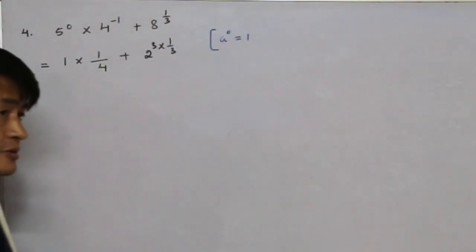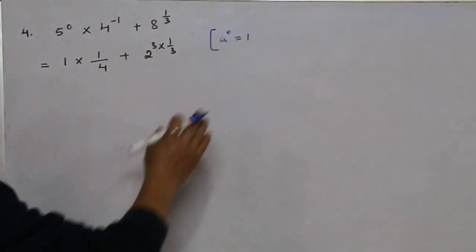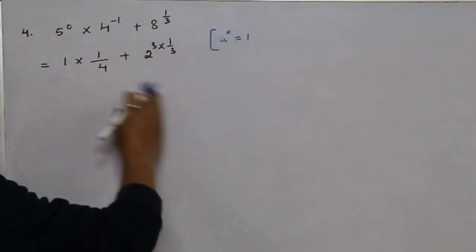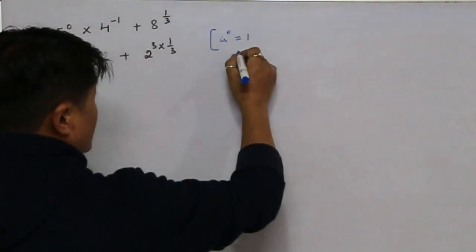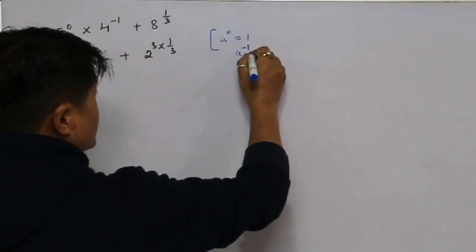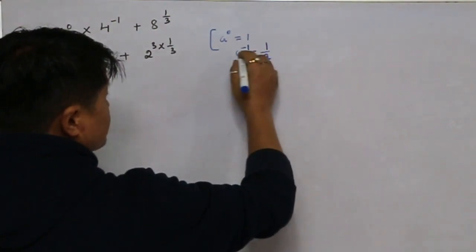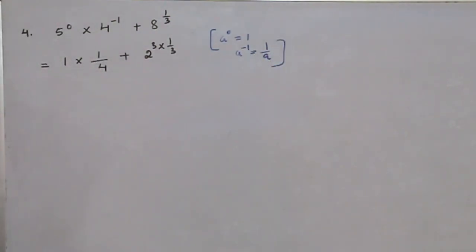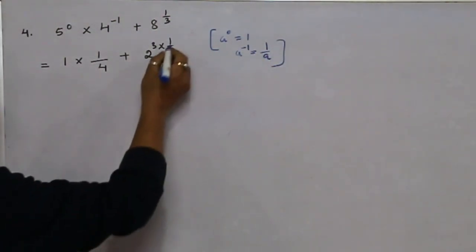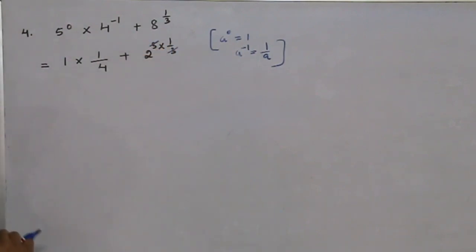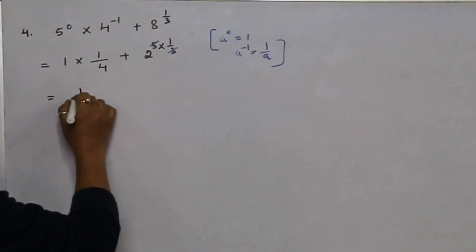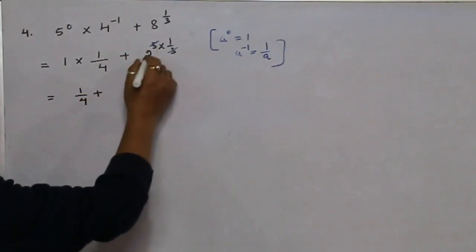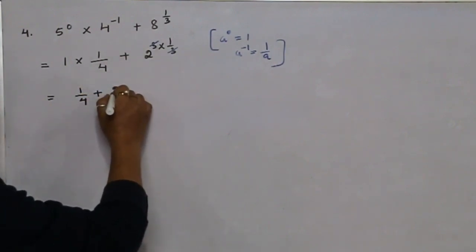It is not required to write it, but for now you can write the laws so that it will be easy for you to remember or use the law. And a to the power minus 1 is equal to 1 by a. These two laws we have used here. So this 3 and 3 will get cancelled. Then you will get 1 into 1 divided by 4 plus 2 to the power 1, which is 2.